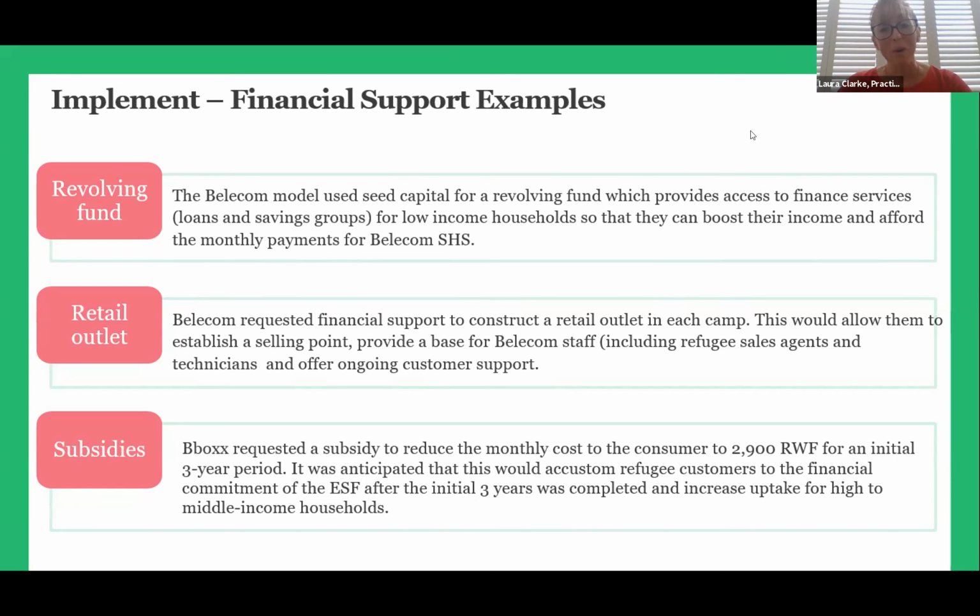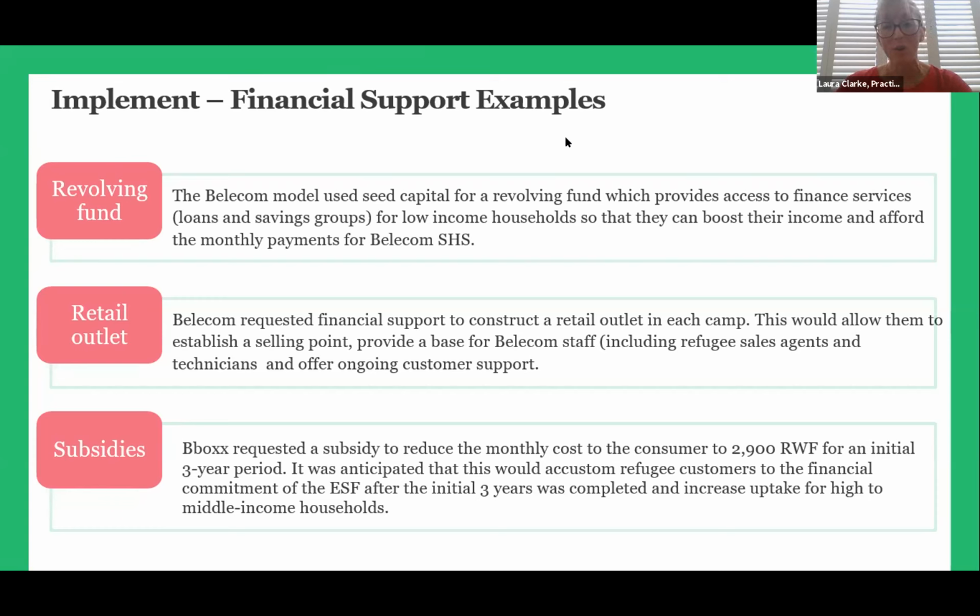On the other side, Bbox requested a subsidy to reduce the monthly costs for their customers over that 3-year period. They saw that the price of their system normally offered throughout Rwanda was 4,800 Rwandan francs. And when they looked at the existing spending data and ability to pay data, that was seen as the most significant barrier to reaching a sizable market in the camp.